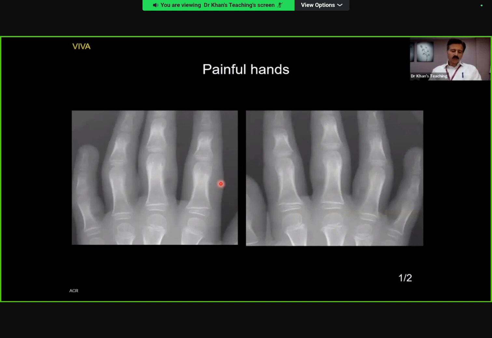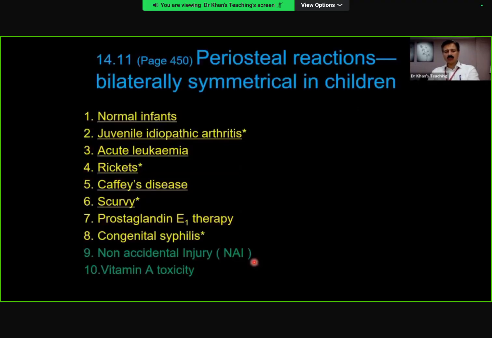Okay, so if you see here, you remember when we were doing the first chapter, or the second chapter, we went through the differential diagnosis of bilateral symmetrical periosteal reaction in a child. The key thing which I told all of you is that in the exam, you have to tell the examiner the differential diagnosis for the case which is shown to you.